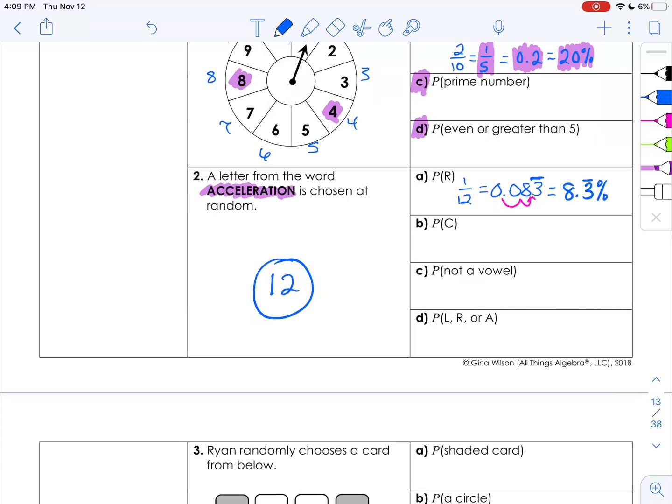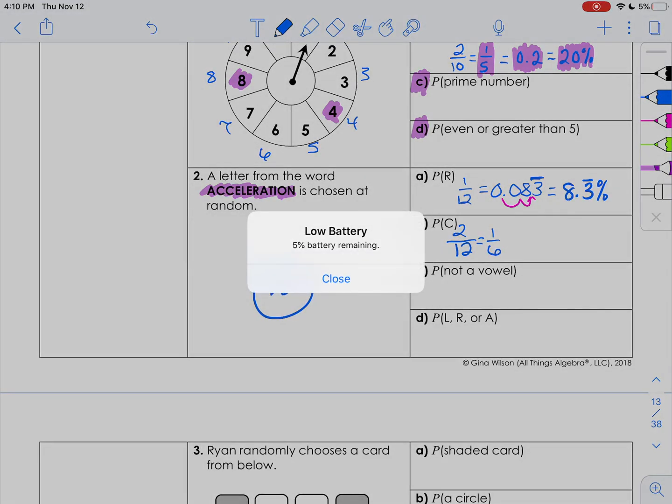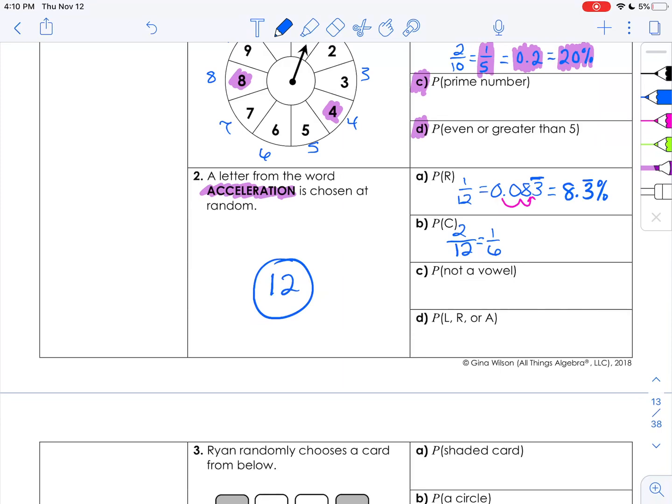Next, we want to know the probability of choosing the letter C. In the word acceleration, it still has a total of 12, and there are 2 C's in the word acceleration. 2 twelfths can simplify to 1/6. 1/6, if we use a calculator to change it to a decimal, is 0.16 repeated.